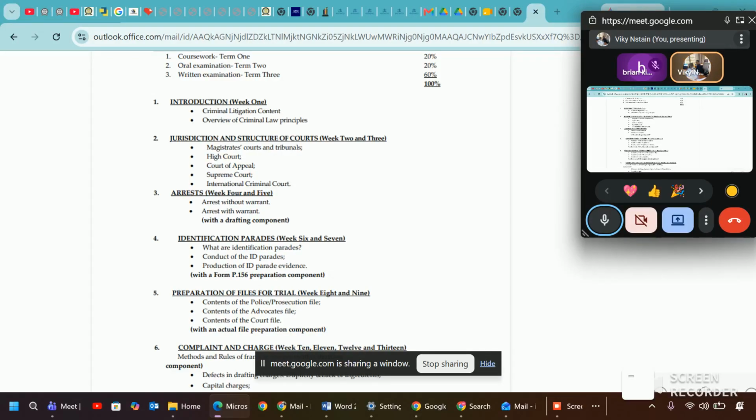Chapter 42, where the title is Guide to Criminal Investigations. Then we narrow down to Identification Parade, which is section 7.